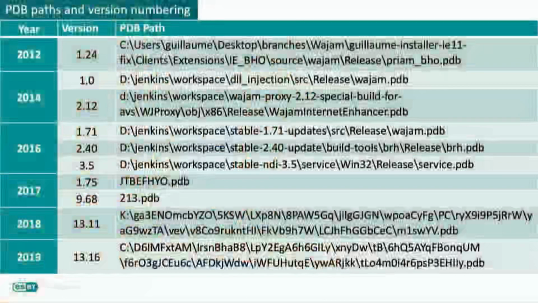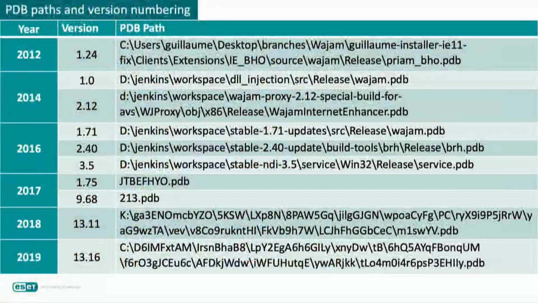So here are some examples of version numbers and PDB paths we collected over the years. As you can see, some are very explicit, like Wajam proxy or DLL injection. It's interesting to observe that from 2017, when the company was sold, the PDB path started to be random characters.